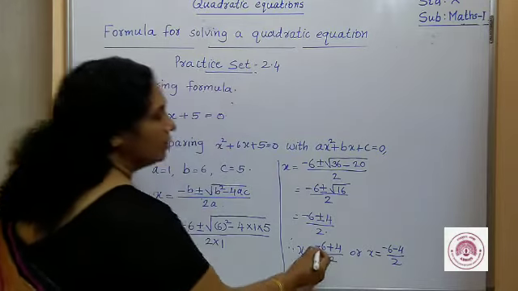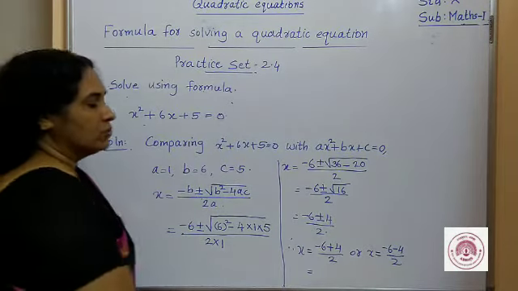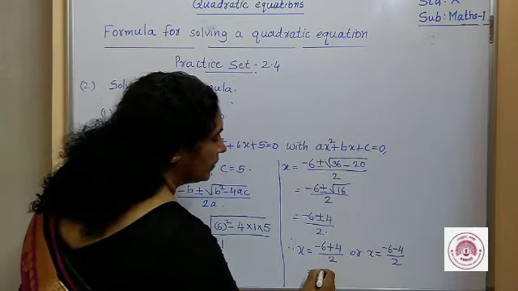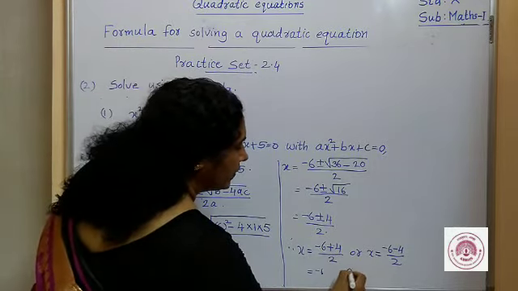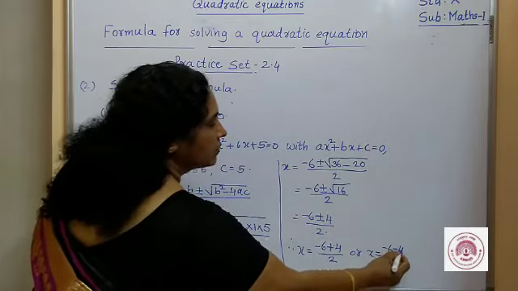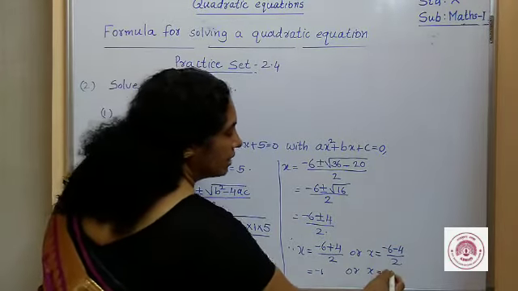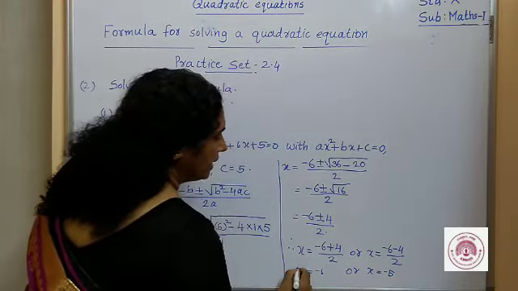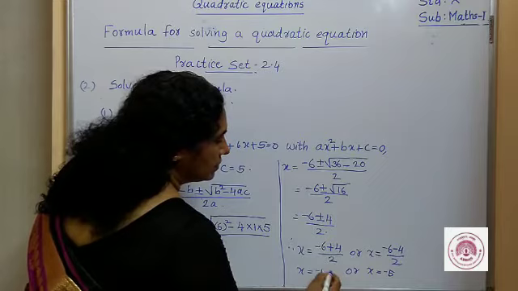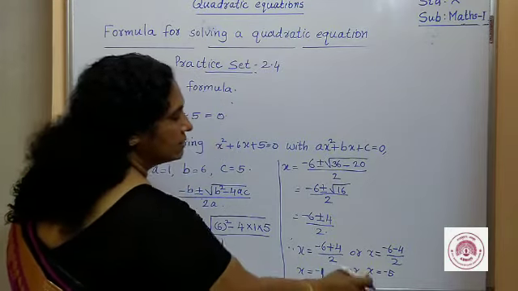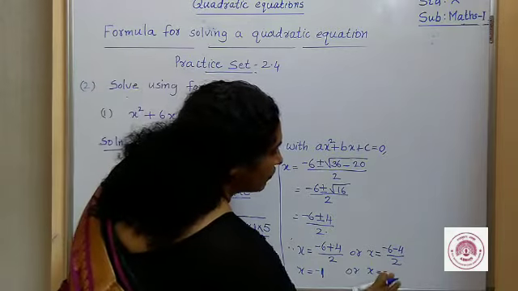Minus 6 plus 4 is minus 2, minus 2 divided by 2 is minus 1. And here x is equal to minus 6 minus 4, which is minus 10, divided by 2 is minus 5. So x is equal to minus 1 and x is equal to minus 5.